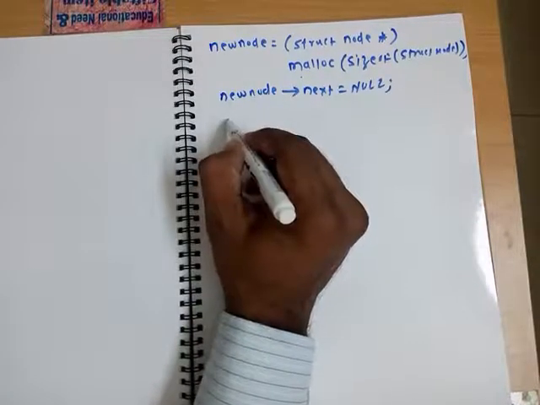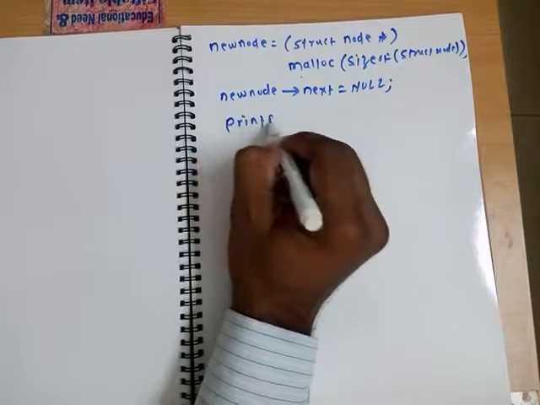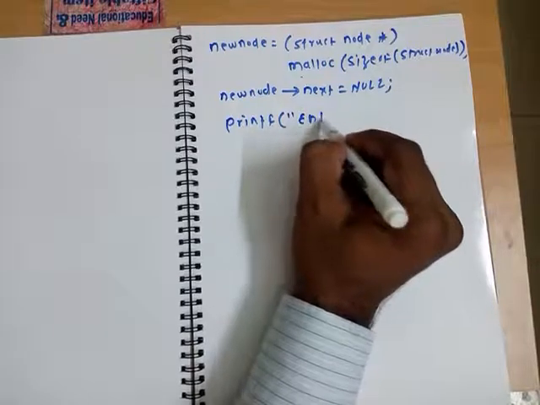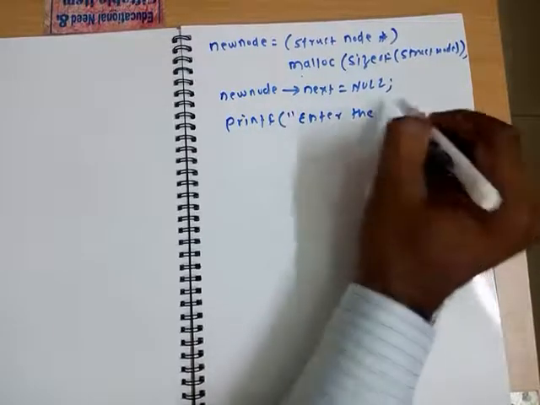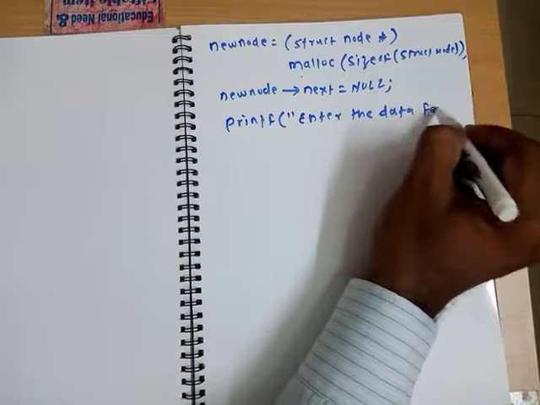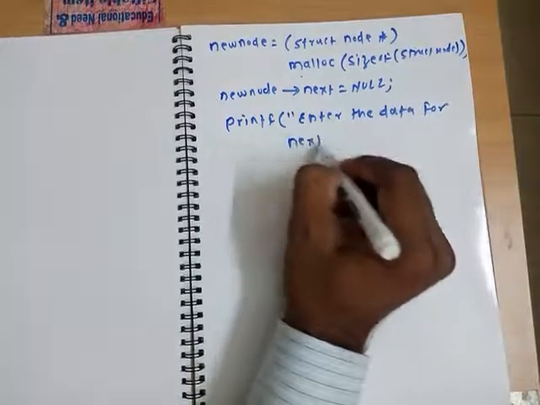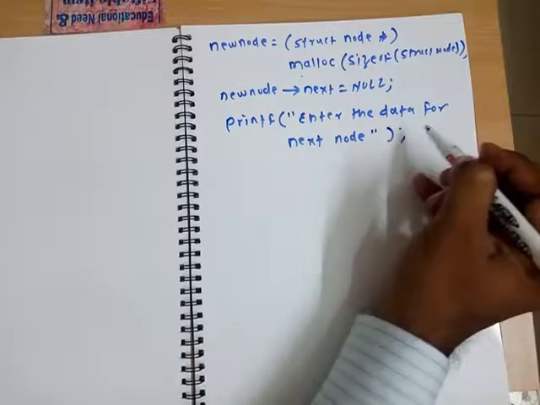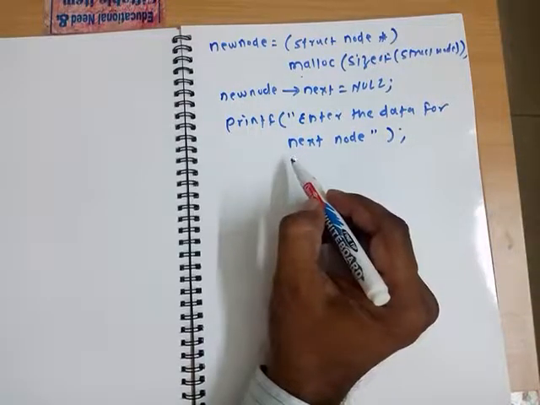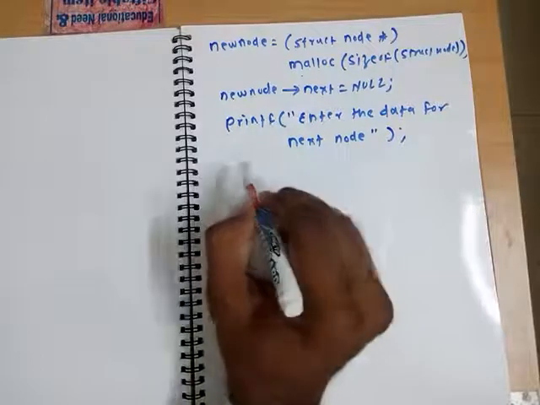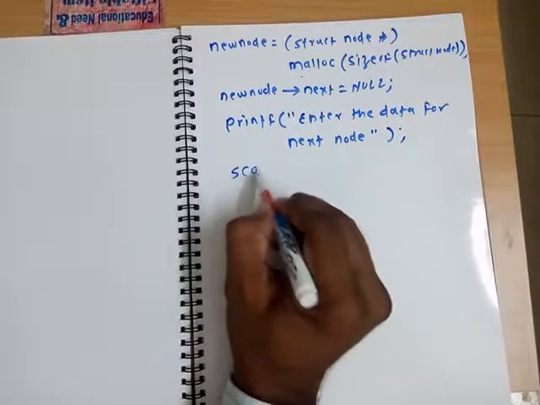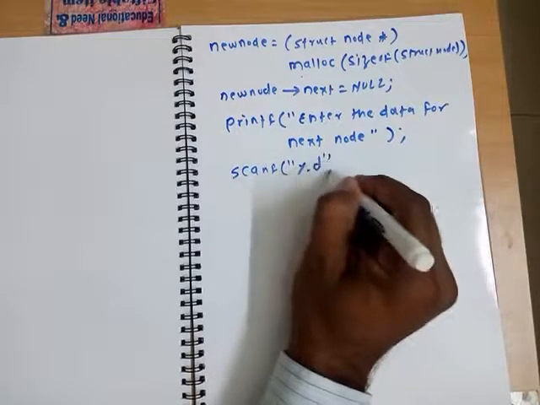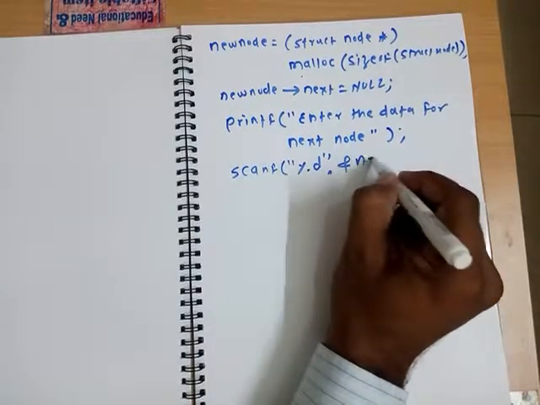So we'll say printf enter the data for next node. So the user is going to enter the data, and that data has to go in the data field of new node. So we'll now do scanf and %d, and the location is new node arrow data.